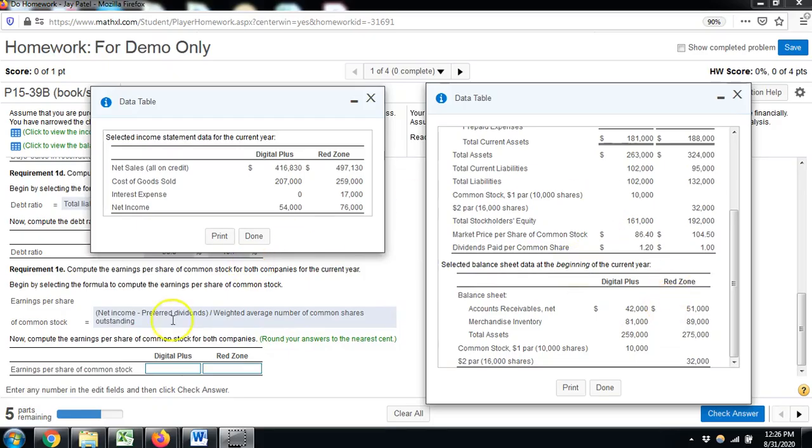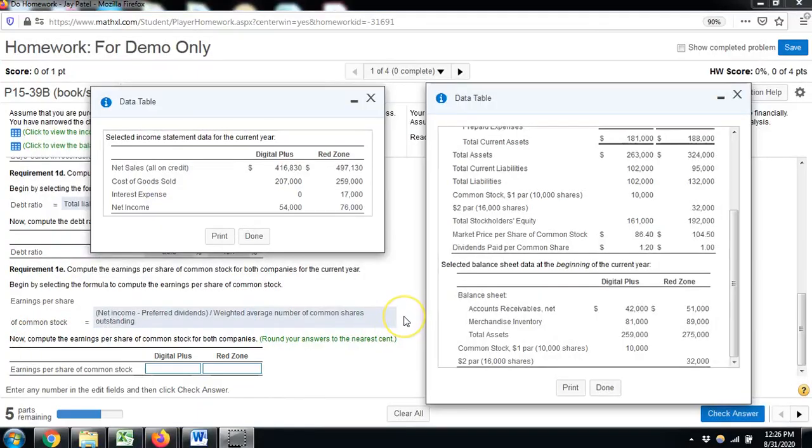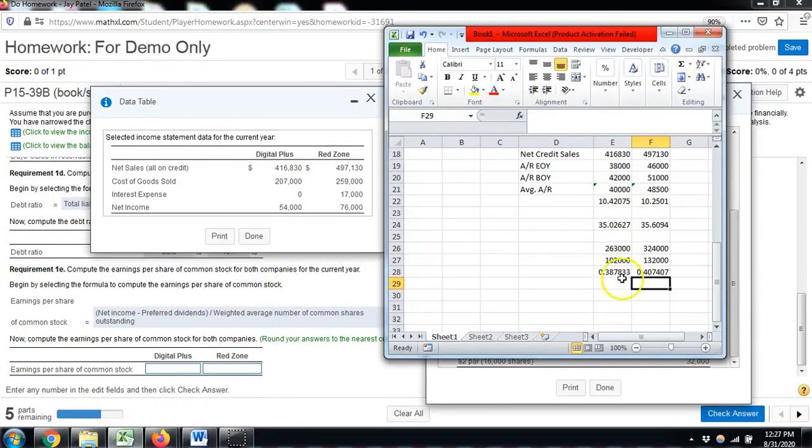Okay, so let's see if we have any preferred stock. It looks like on the balance sheet there's no preferred stock listed. So the preferred dividends are 0. So let's fill in the other numbers here. So we have net income. Now we need the total number of shares outstanding.